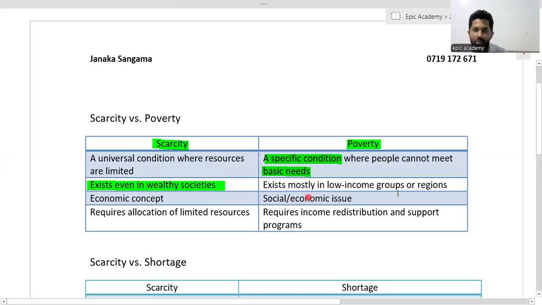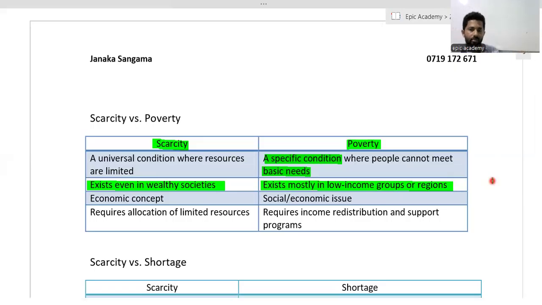Okay. But when we discuss poverty, it exists mostly in low income groups or regions, isn't it? Yes. You can see that poverty in Middle African countries. Many people living in those countries are suffering from poverty.